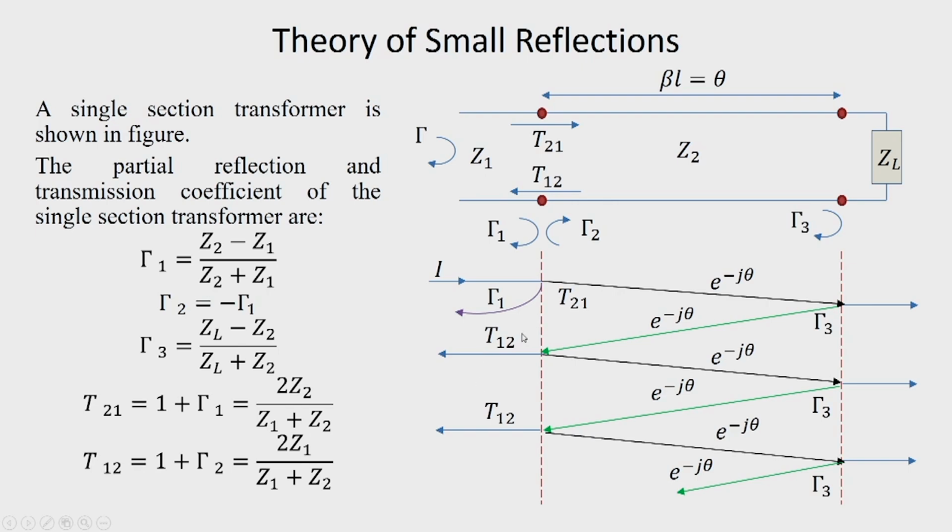So, these are all waves, reflected waves from this interface, and these are all partial reflected waves. So, we can write the total reflection coefficient gamma in terms of these partial reflected signals.